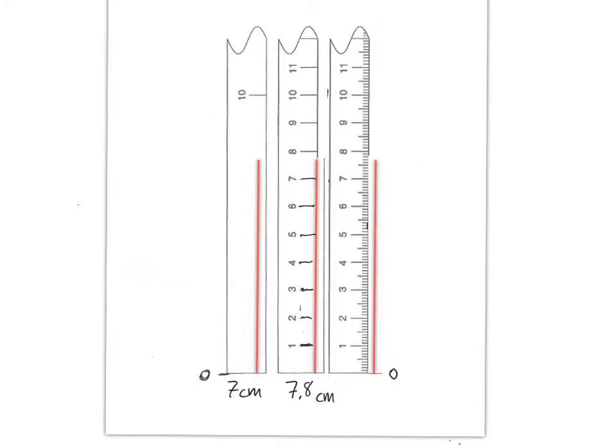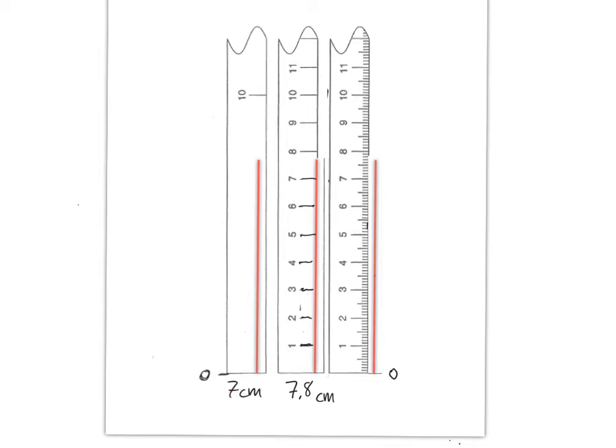Now let's take a look at this next ruler, and let's review with the left ruler. With the left ruler, we only knew the graduations between 0 and 10. So we estimated that this was 7 centimeters. This was our estimated value.